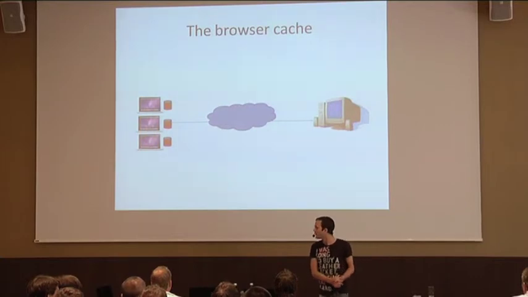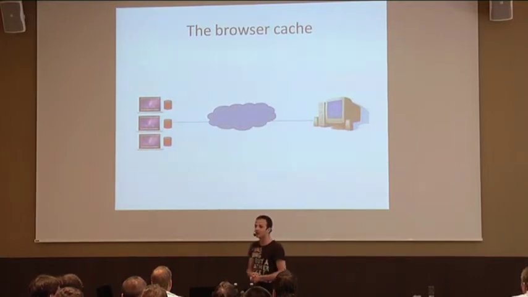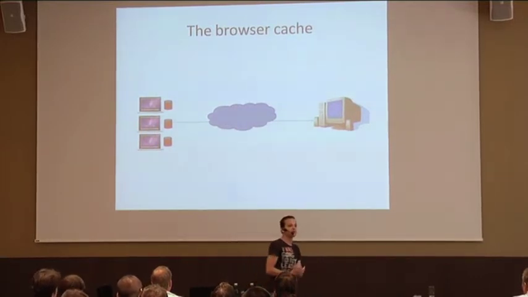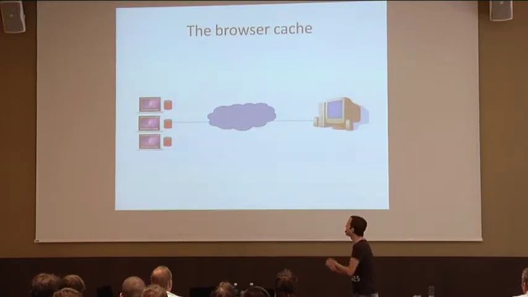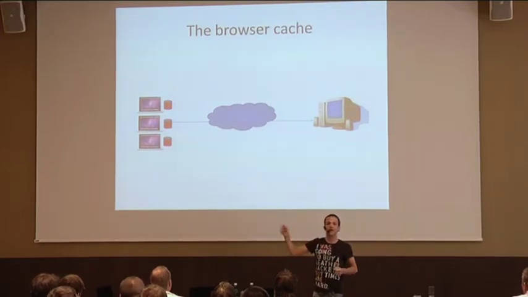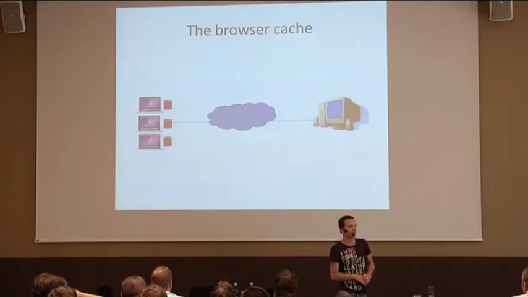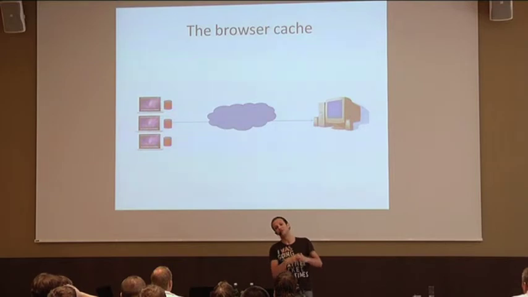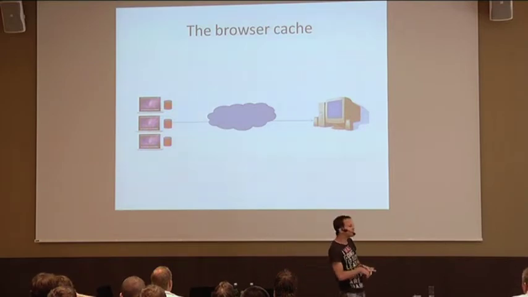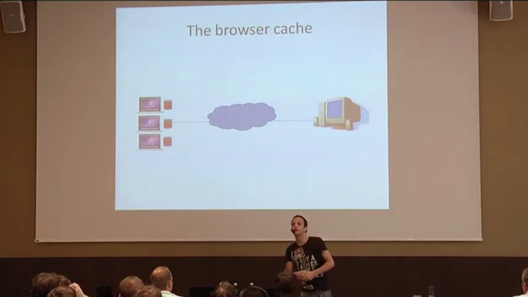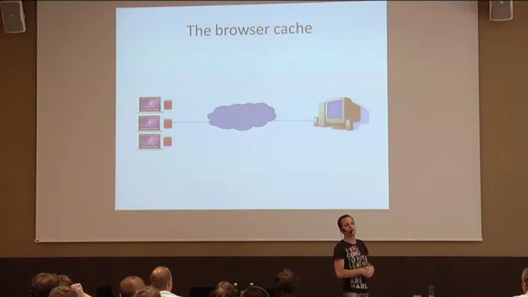So the first step, of course, is the browser cache, or the temporary internet files if you're using an outdated browser. All browsers implement it, and all browsers implement it slightly differently, which is interesting. Most browsers implement most of it correctly, and then some edge case scenarios don't work.